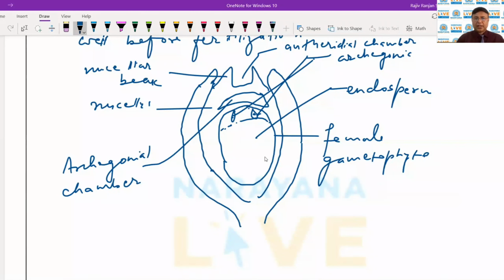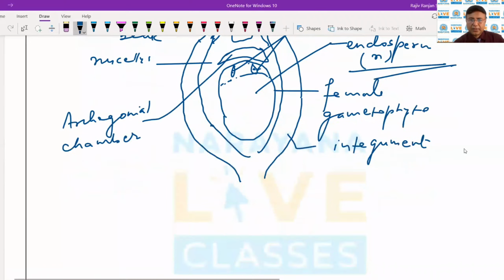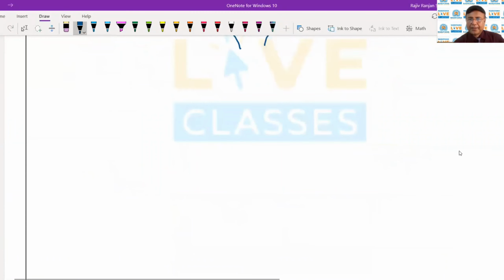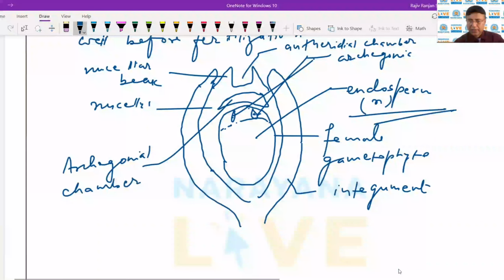So that is the integument. Gymnosperms are monotegmic. So here we can just see, this is the haploid endosperm. Okay. So let's now just conclude the video.